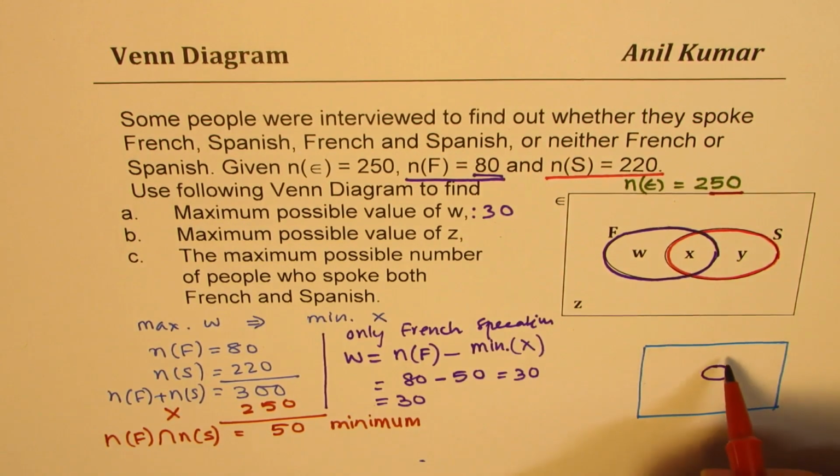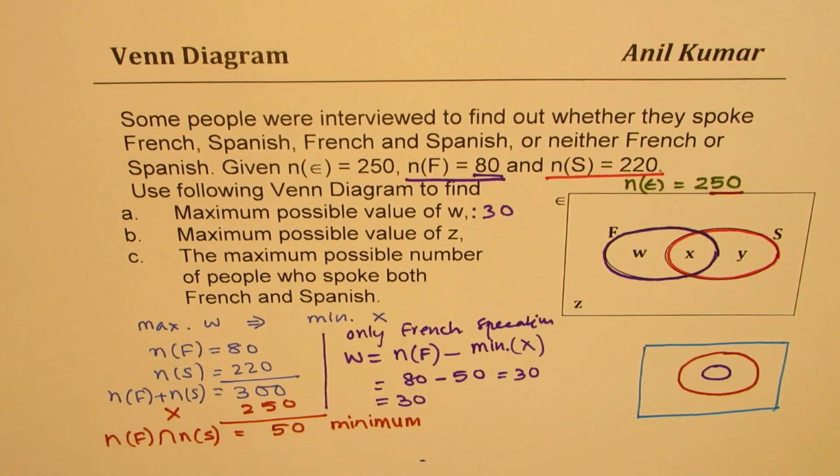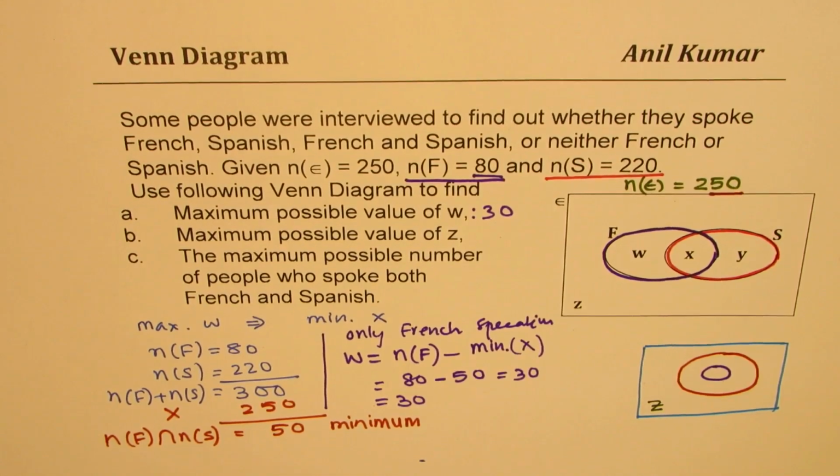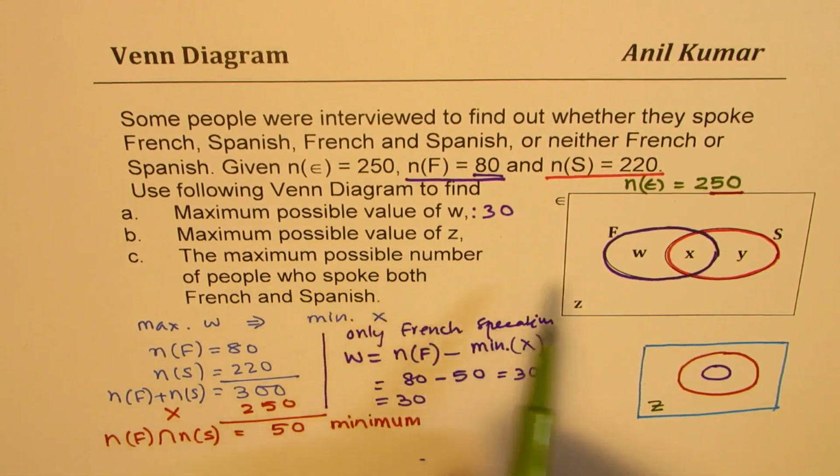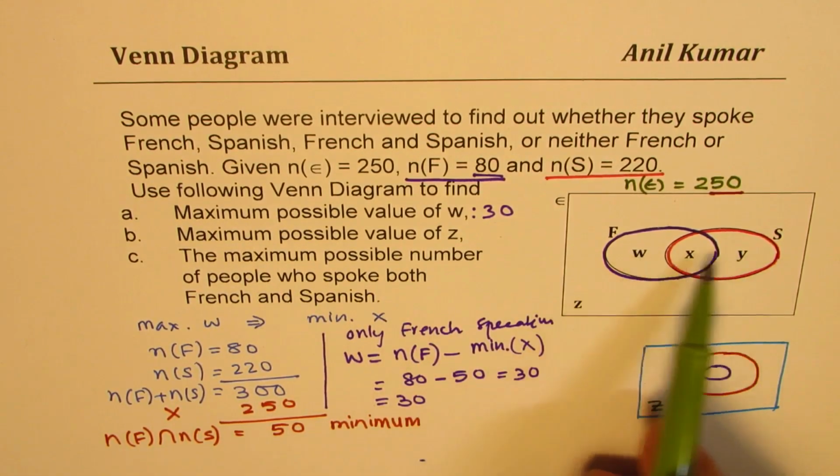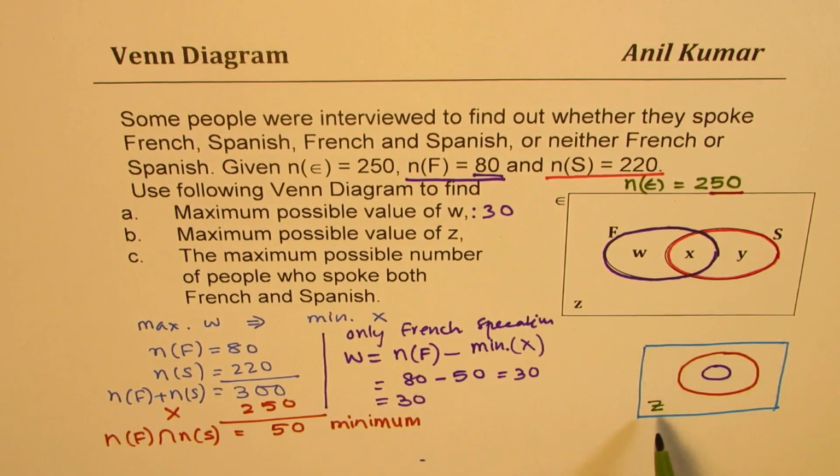In that case, we get maximum Z. You get the idea, right? So the maximum people who cannot speak both these languages will be in this scenario.